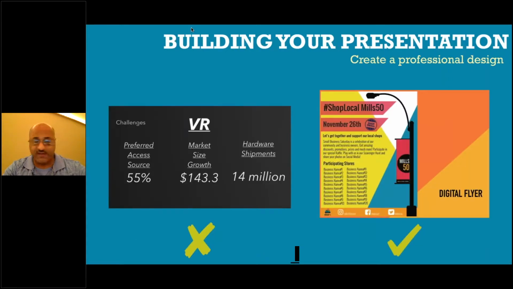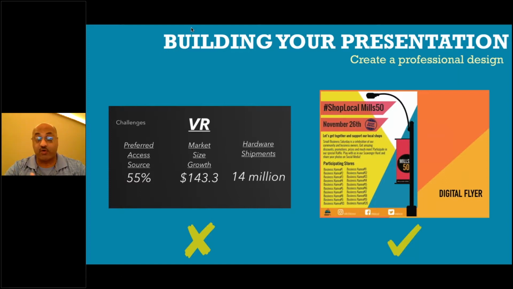So let's talk about the visual presentation. How we want it to look is very important. We don't want them to take their eyes off the screen at all. We want them to be compelled and drawn in with the visuals that we're providing to tell the story. For example, the slide that says VR provides you some information, but it's bland, it's blasé.